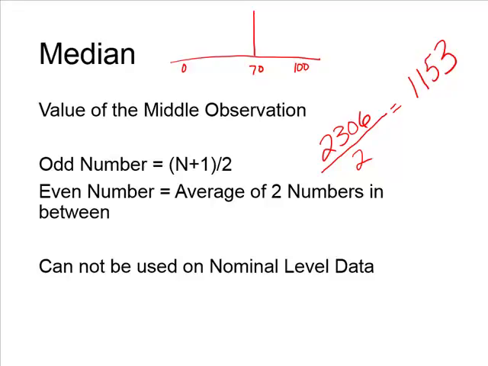Now, I hate to throw this on top of this, but remember, there are other ways that we can represent data. And one way to represent data is by a distribution curve. So if I were to draw a curve of this data, it would look like this, with the middle, the area, representing half below 70 and the other half above 70.